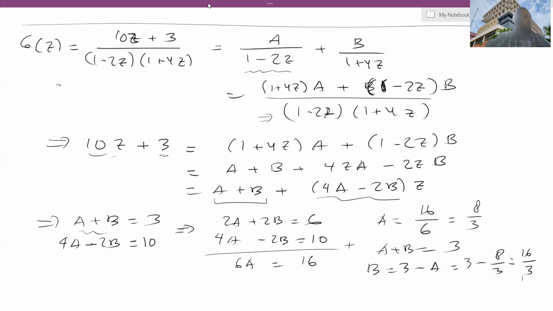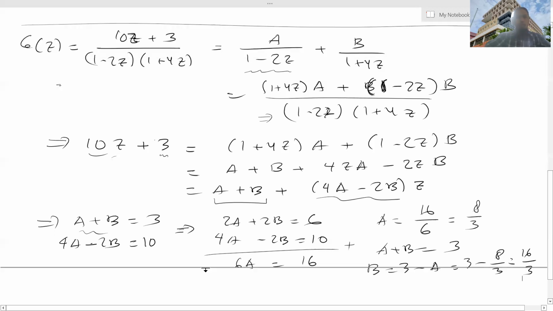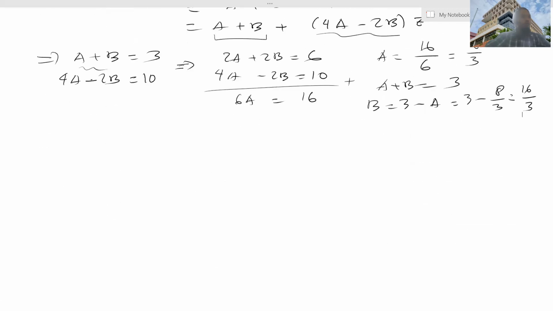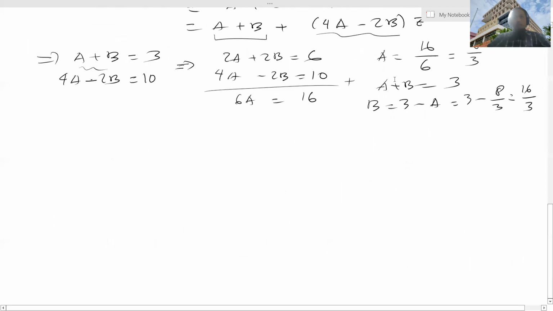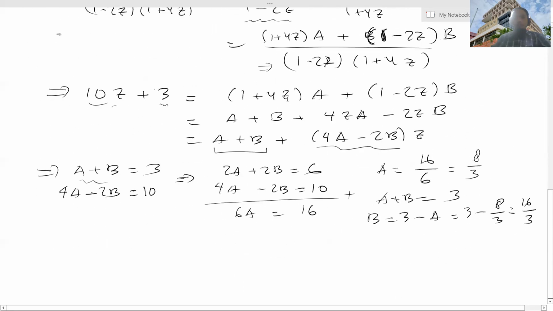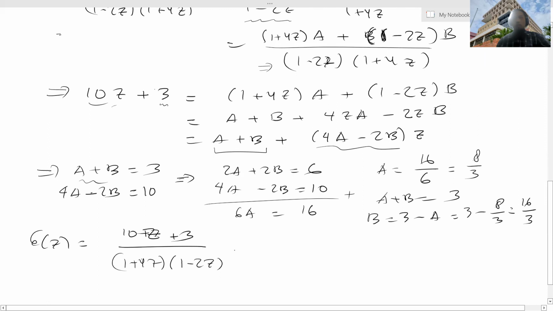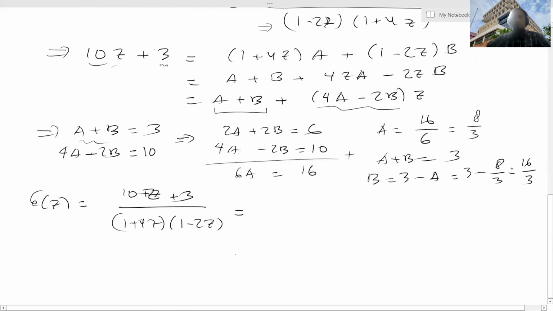So as a result, I think the question is up to here, the partial fraction. But now the next part is not part of the question, but you might want to rewrite this. So therefore, G(z) becomes, what do we have? We had earlier (10z + 3) over (1 + 4z) times (1 - 2z), which is equal to, what is the A?